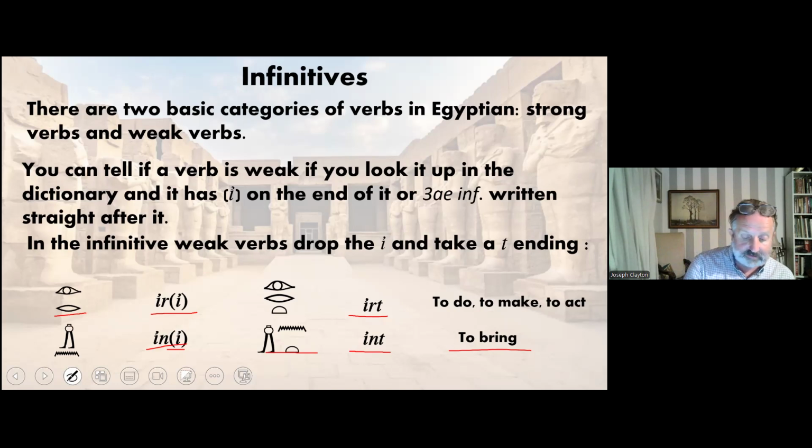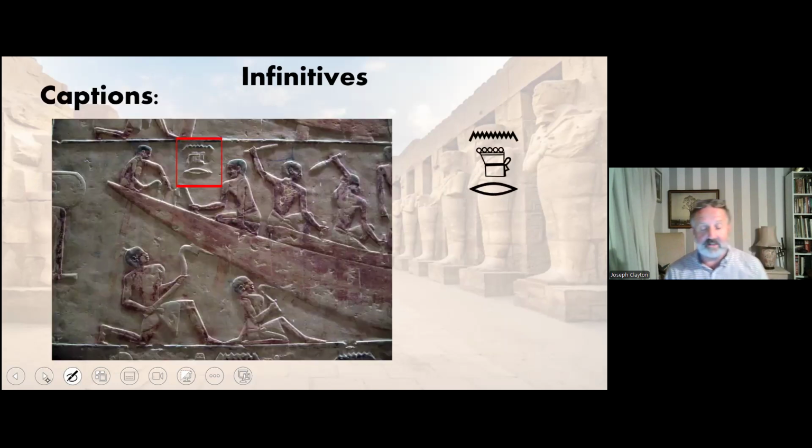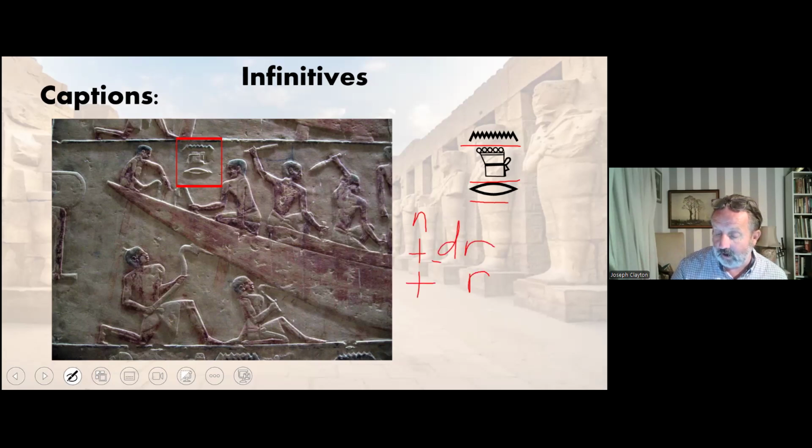Right, okay, let's have a look at an example of the use of infinitives. Captions describe something about the picture. So what we've got here is n, biliteral j, when you look up that basket of flax or something, or bucket of roses. And then we've got r, so n plus j plus r.